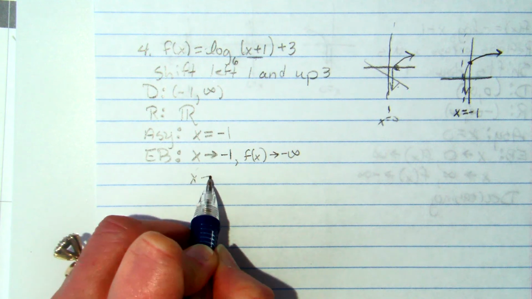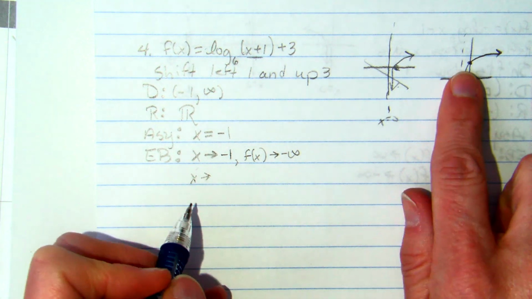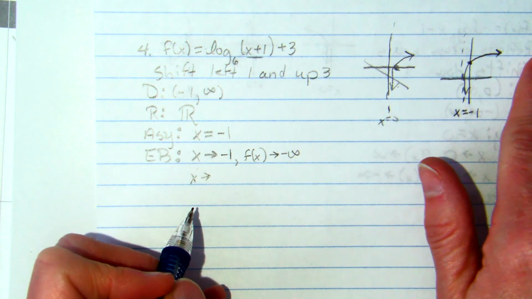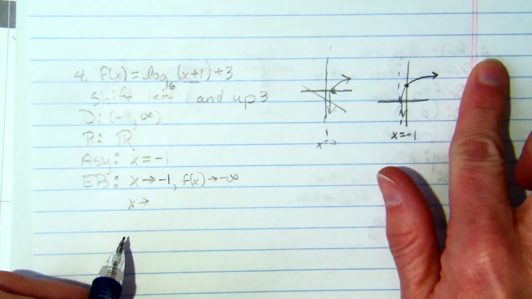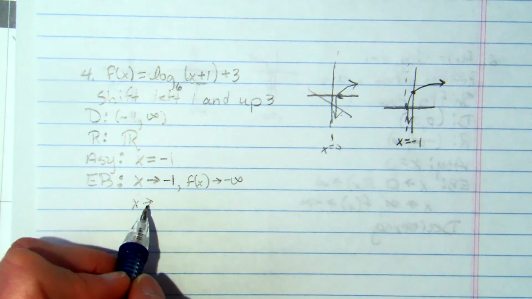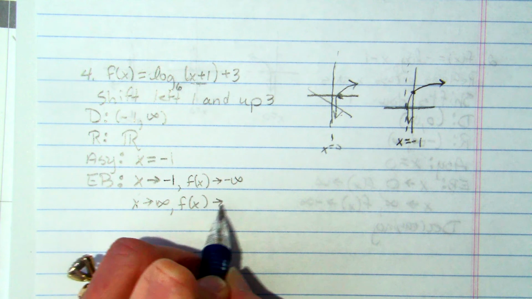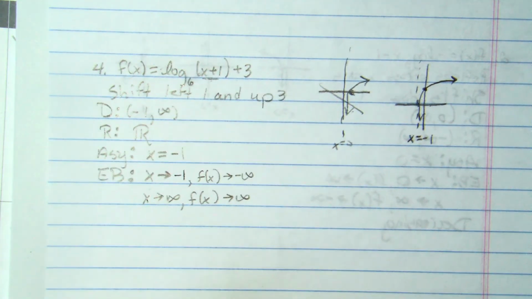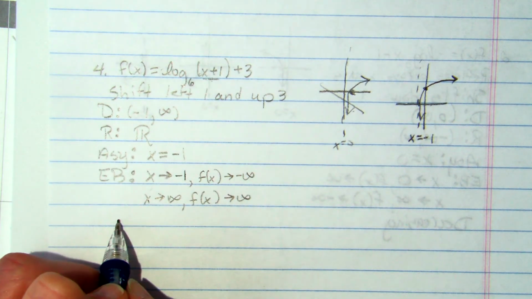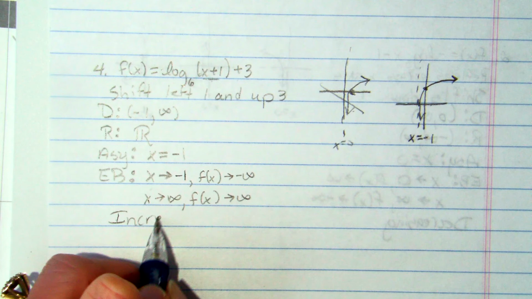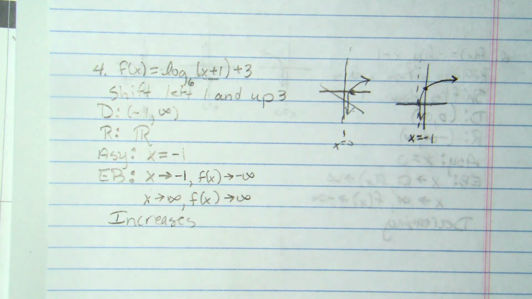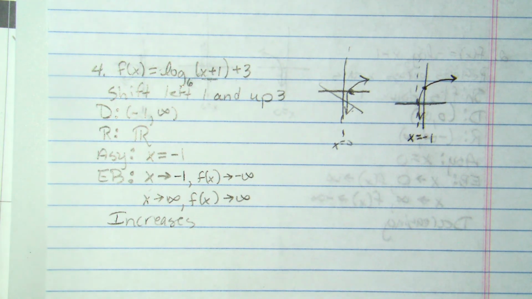Now go the other way: as x approaches positive infinity, f of x also approaches positive infinity. And the graph increases. So there's number 3 and 4. 5 and 6, of course, will be on another video.